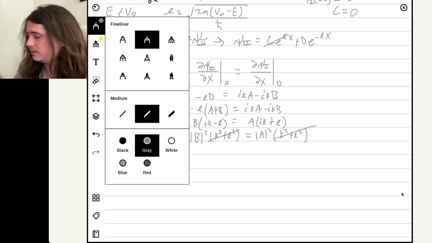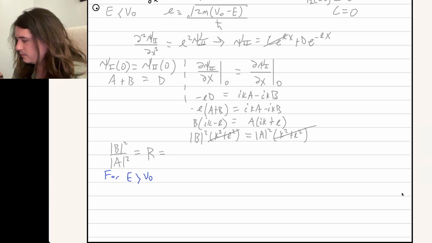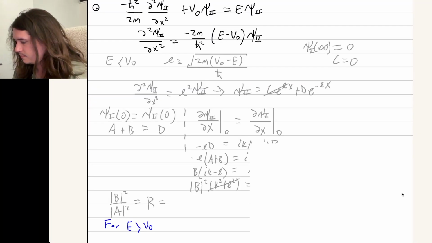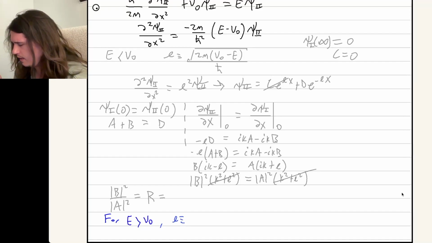But then we have to look at the case of E greater than V naught. So for E greater than V naught, just looking back at our differential equation here, it is now more useful to define an L, which is equal to the root of 2m (E minus V naught) over h bar, so that we can have a constant that is real and positive.